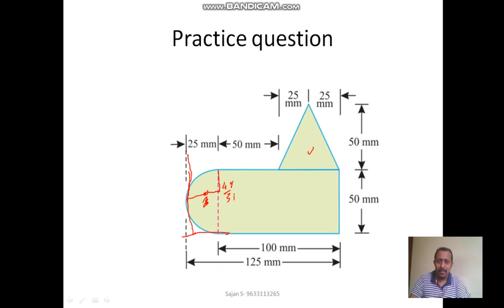Clear? But we need the distance from the y-axis to the centroid, that is, from here to here, how much? It is the radius, so r minus 4r by 3 pi. What is that? The distance from the y-axis to the centroid of the first part, the semicircular area. Okay, that will be x1.